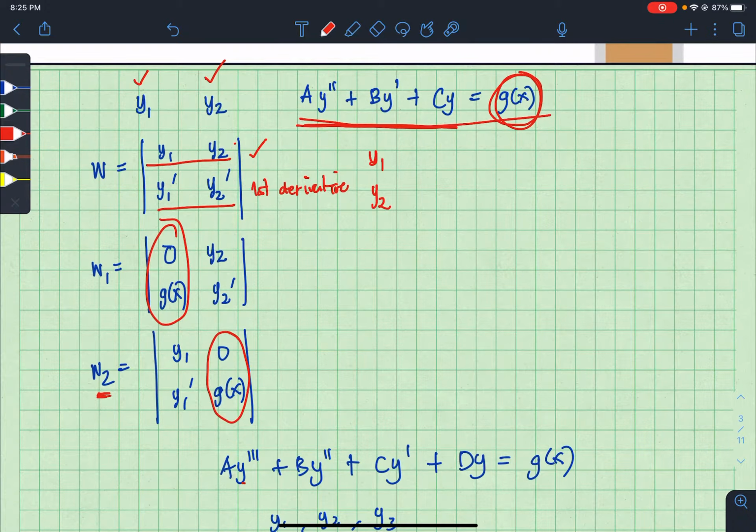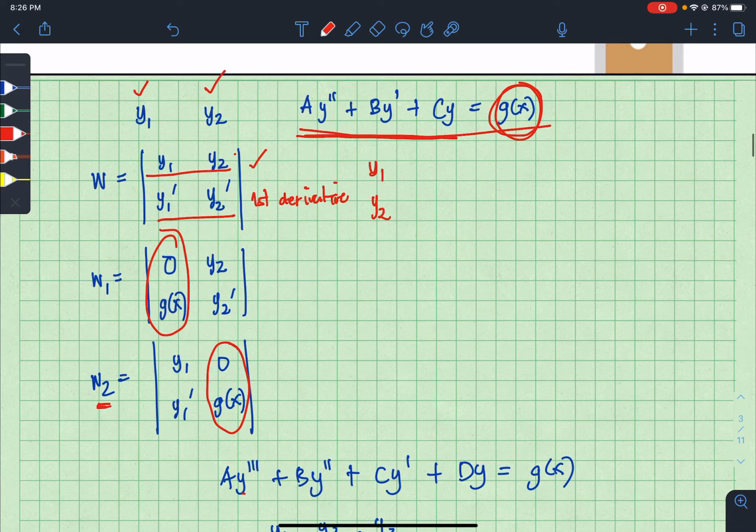And then once we have w sub 1 and w sub 2, we're just going to determine the determinant, or the Wronskian. Remember, that is the product of the downward minus the product of the upward.